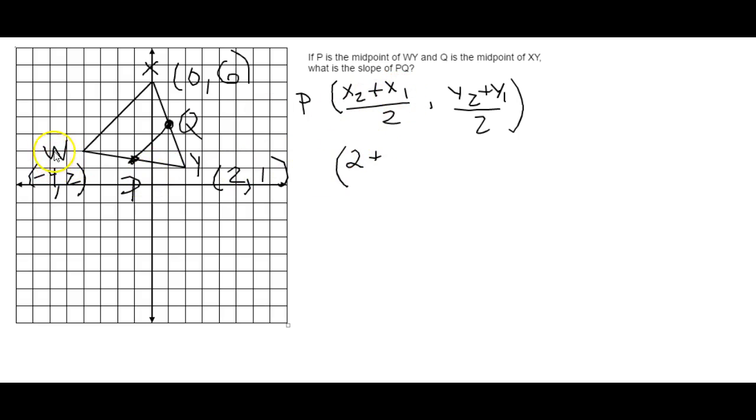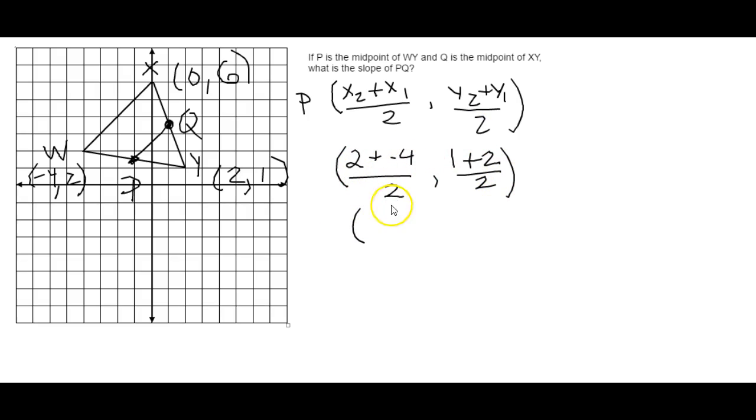The x1 is the x-coordinate of the first point, so -4, divided by 2. y2 is the y value of the second point, so 1, plus the y value of the first point, 2, divided by 2. And it's always divided by 2 on the bottom here.